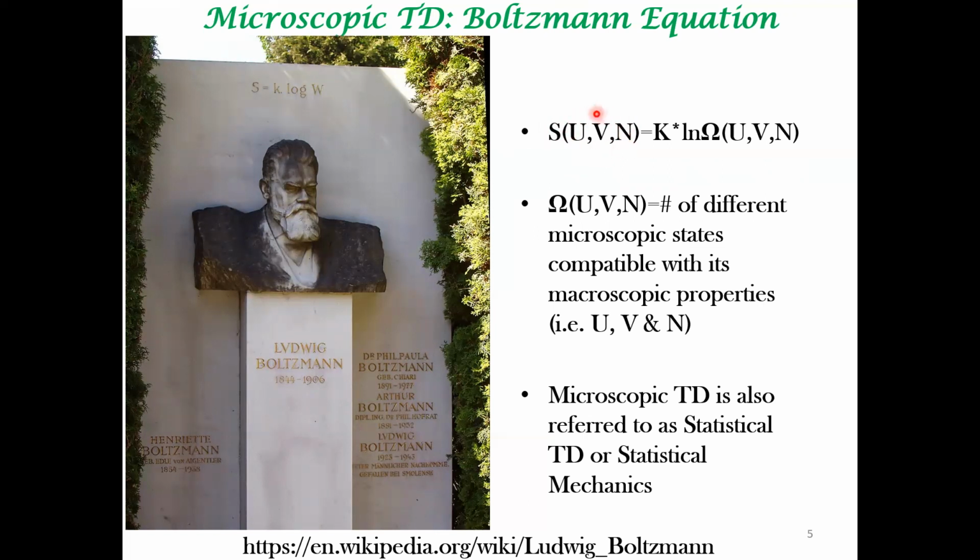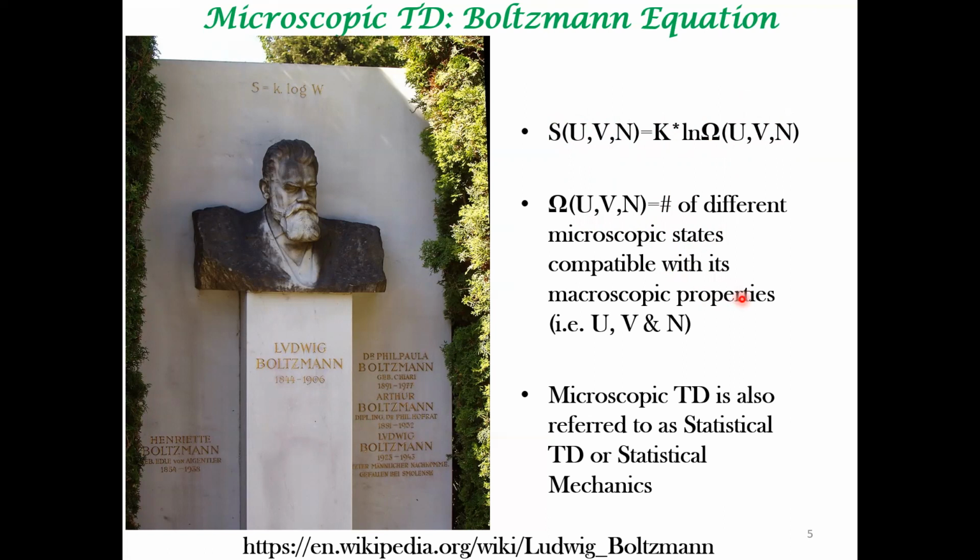So for this system, entropy is given by the Boltzmann constant times ln of this particular quantity. We will define this quantity in a bit. Right now, you can refer to it as degeneracy, the number of different microscopic states compatible with the macroscopic property.